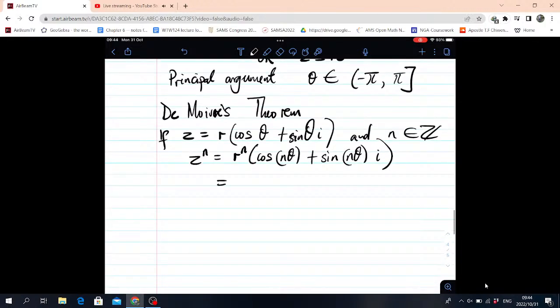Which we can write in the other polar form shorthand, which is e to the n theta i. And then we've got De Moivre's theorem there, right?